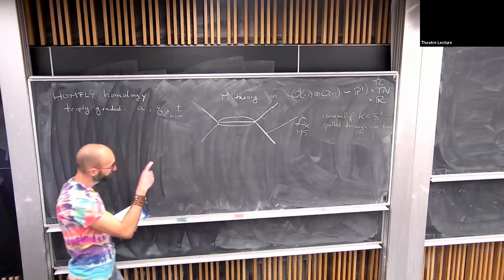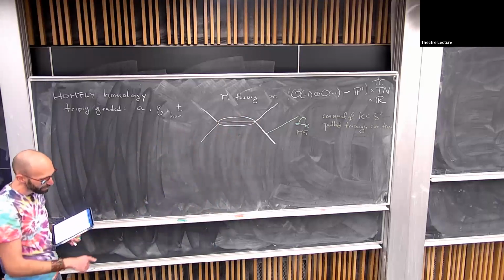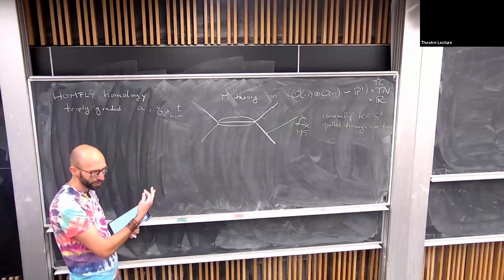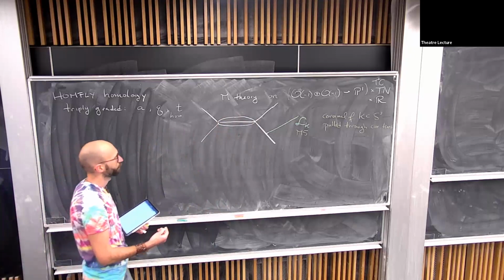Sorry, the reason I'm saying all this is because I'm about to relate it to 3D mirror gauge theories in 3 dimensions. And I just want to explain where the ingredients are coming from.